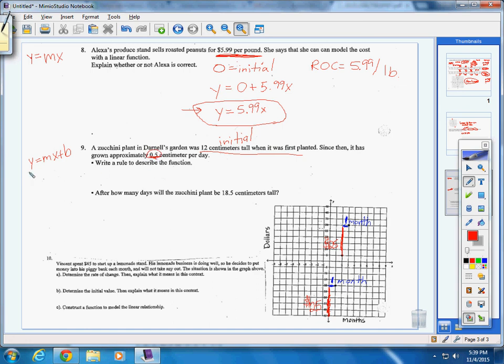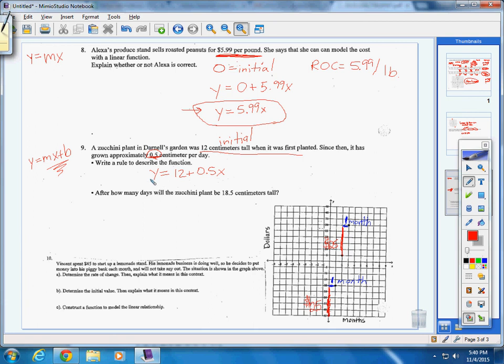So let's go back to our template, which I have written here on the side in case you've forgotten. So y equals, well, we usually do the initial value first. You guys are used to that. So initial value plus our rate, which is 0.5, times x. x represents the number of days since it was first planted. Okay?